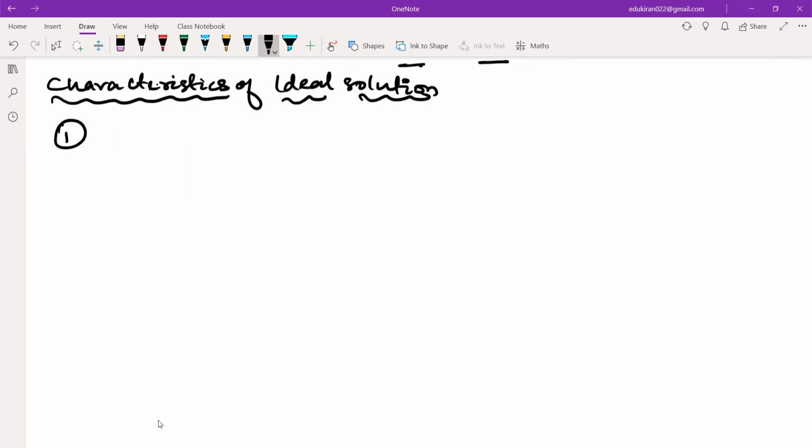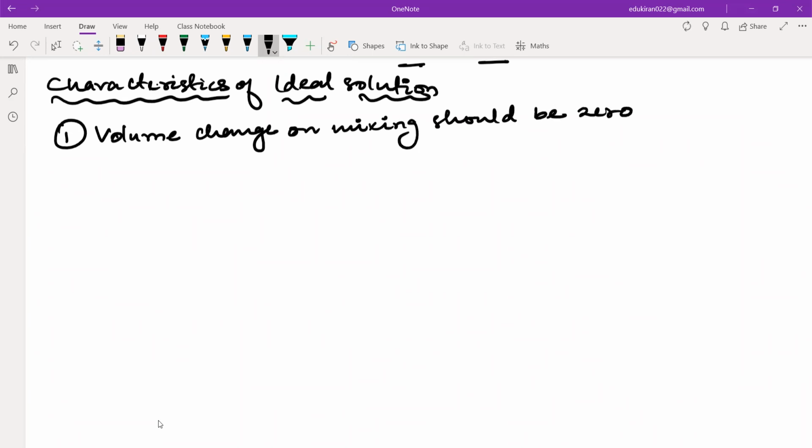Number 1 point, the volume change on mixing should be 0.